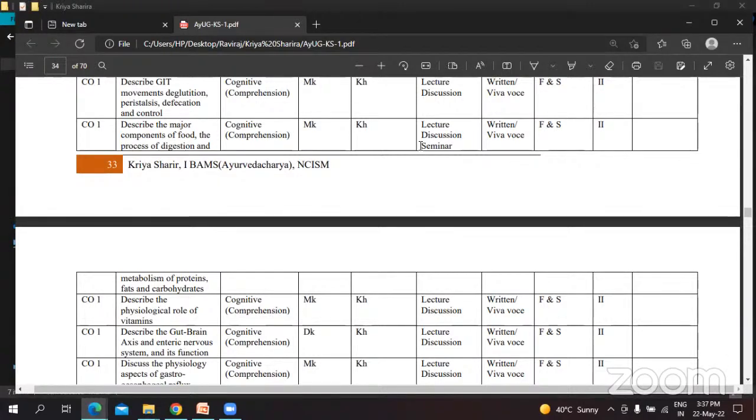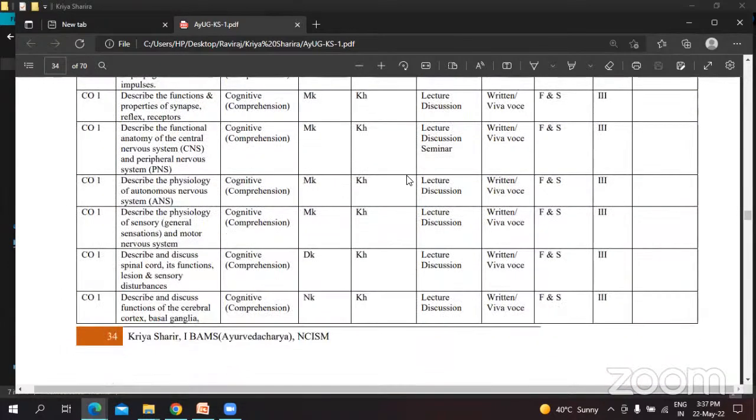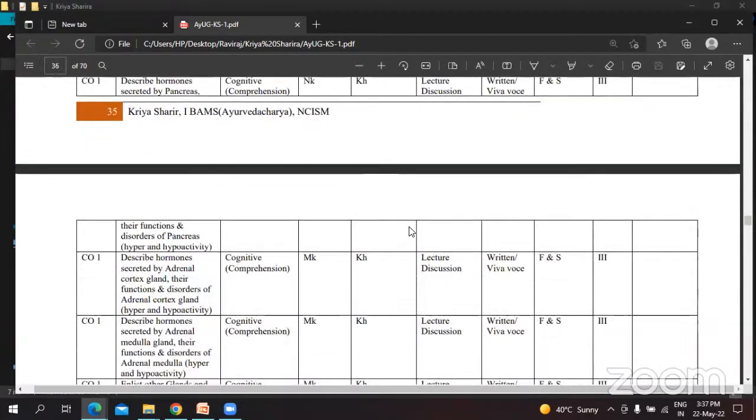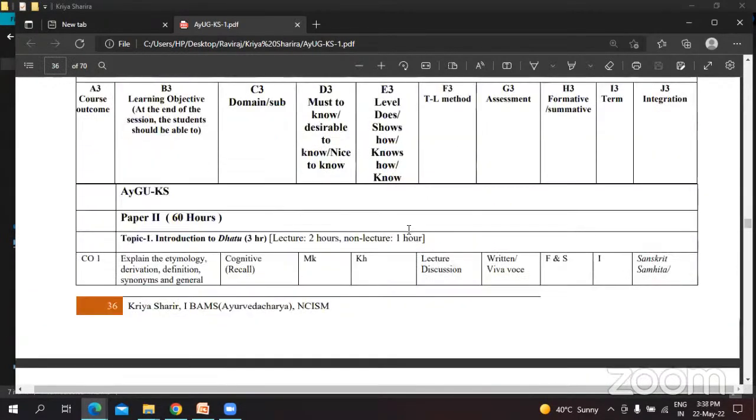So if some concept is common to Rachana, Kriya and Samhita, all three of us will be standing on one platform at a time and explaining that concept to you. So all these teaching methodologies or strategies will be used while imparting education to you.